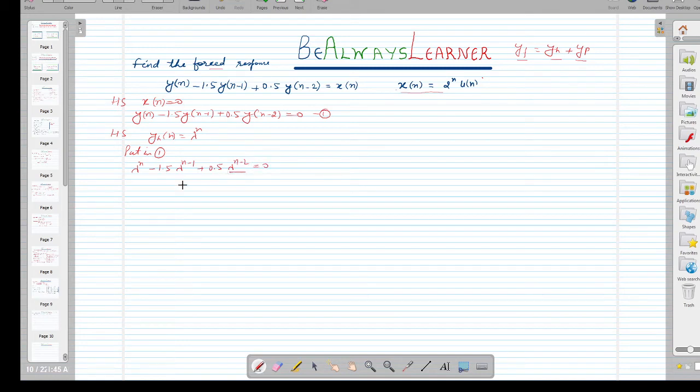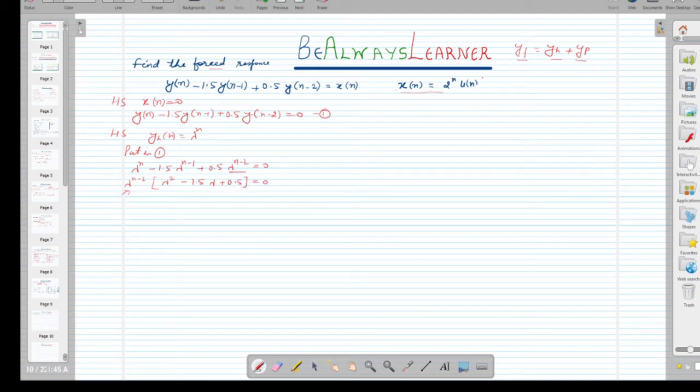We can take lambda^(n-2) common, and we are left with the term in the bracket: lambda^2 - 1.5 lambda + 0.5 = 0.